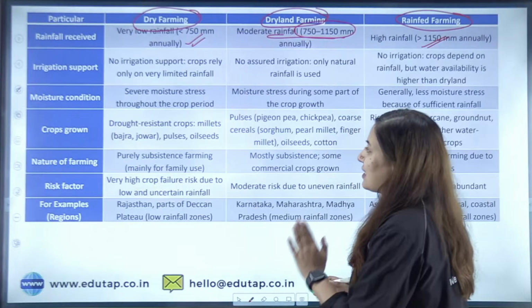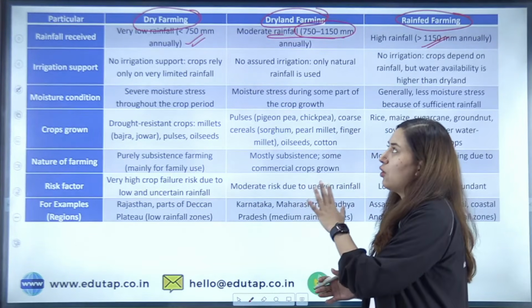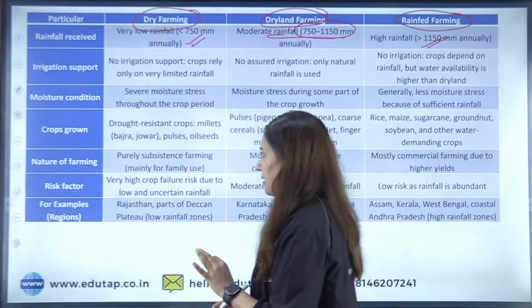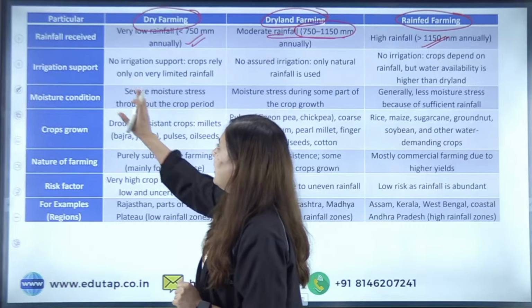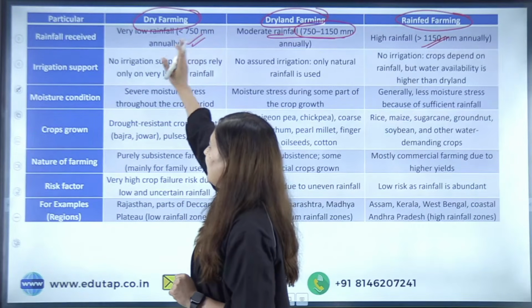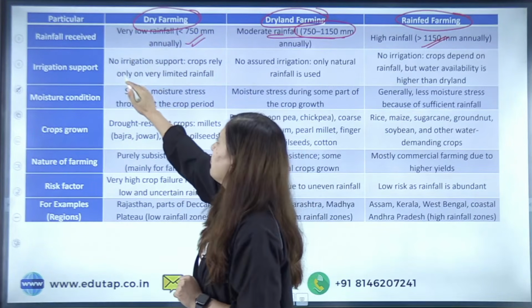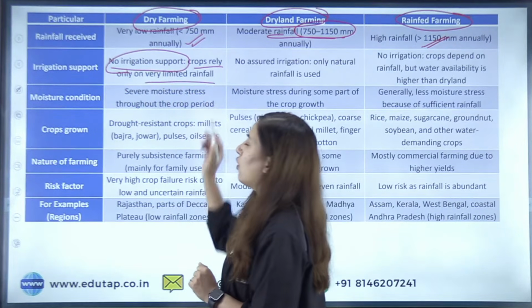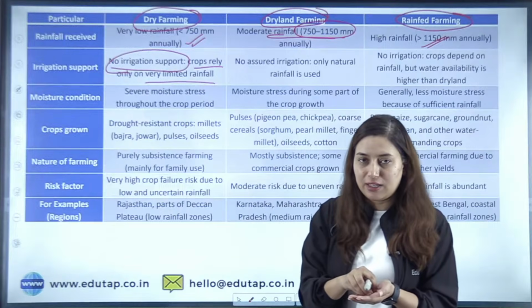Okay, now let's see what are other characteristics of these farming types, which are again very important, and you have to learn these things, right? First, if I talk about irrigation support, in dry farming there is no irrigation support. Crops rely only on the limited rainfall that happens there.